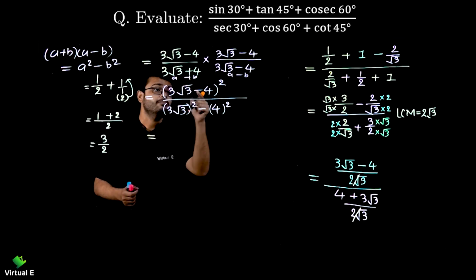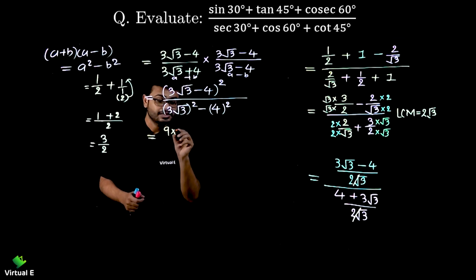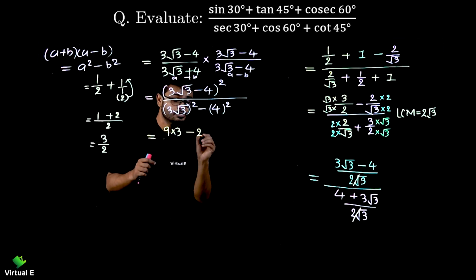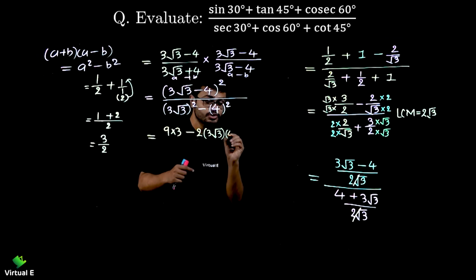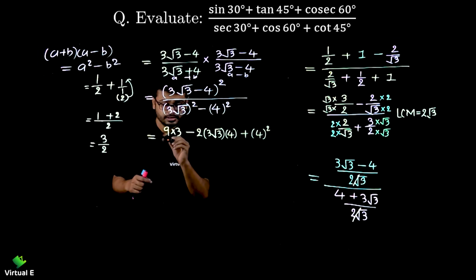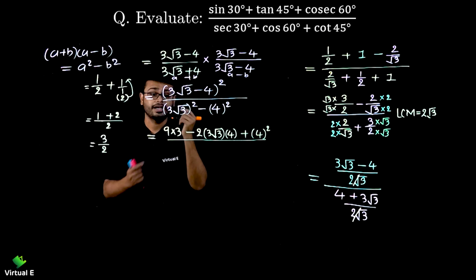That is a minus b whole square. So first of all, a square: square of 3 is 9, square of root 3 is 3. Then minus 2ab, so 2 into 3 root 3, that is a, then b, which is 4, plus b square. Done. And in the denominator, I'm going to use the other identity, which is already used.